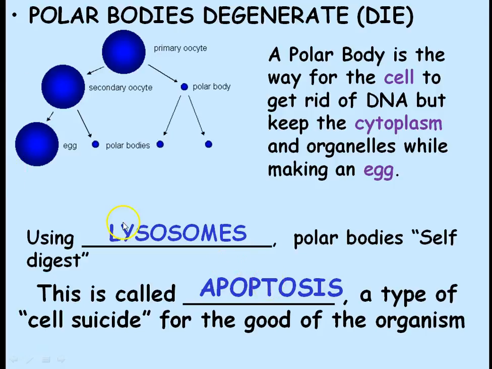Since all the small polar bodies are basically sacrificing themselves to give one egg all of the resources and materials needed, we end up with only one mature egg every single time an ovary cell, or somatic cell, goes through meiosis.